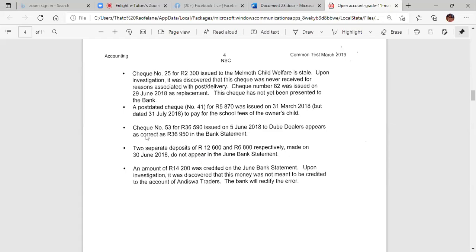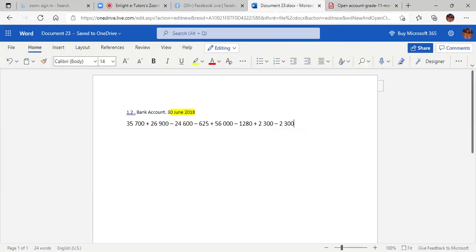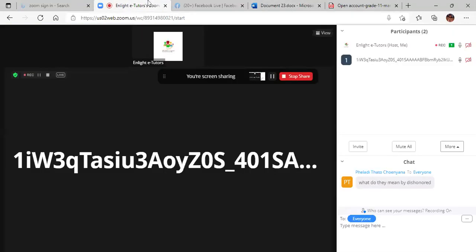It's a check, so it means money was going out and we understated the money that was going out. We have paid, in fact, 36,950, but we recorded 36,590. So we are going to minus the 360 for that reason. Could you explain why do we minus it?